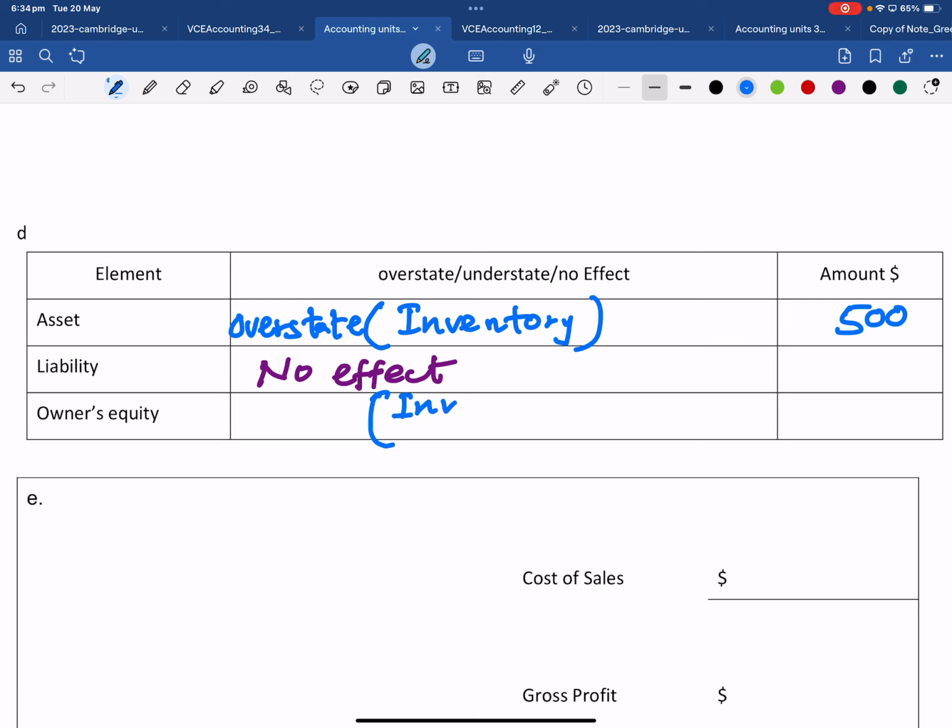Inventory loss. For now, you just write expenses. You write inventory loss expense. Yeah, that's the correct format. Will be understated.